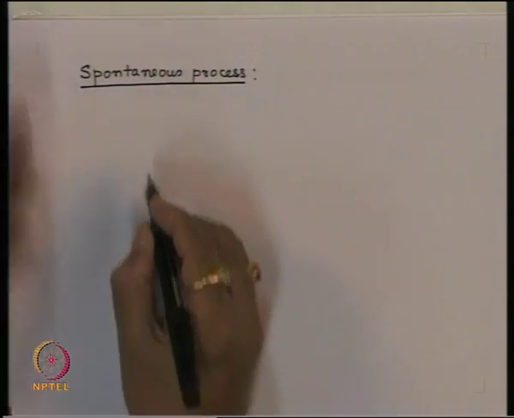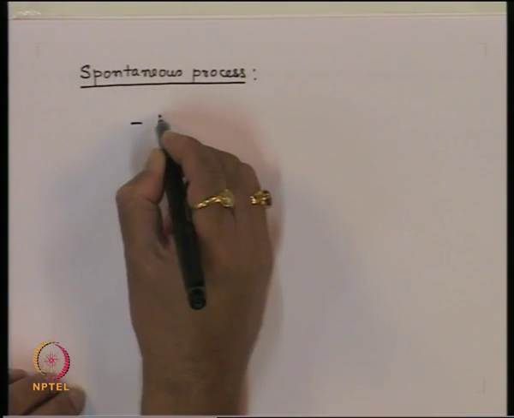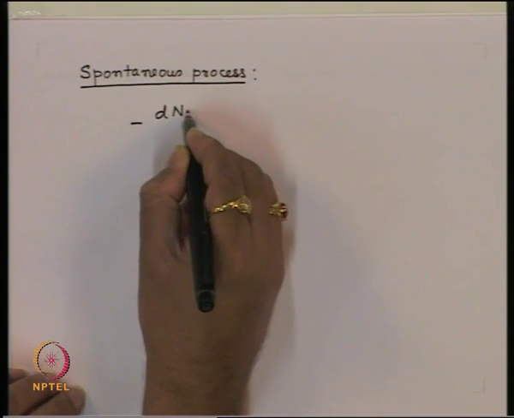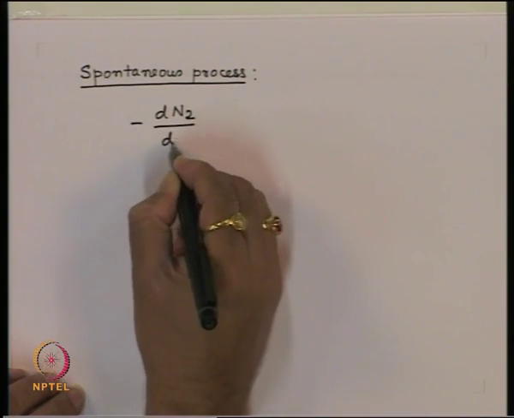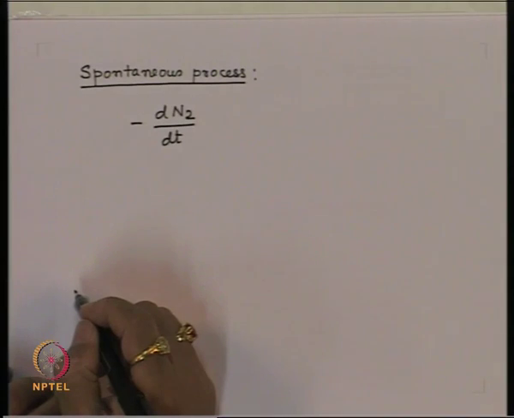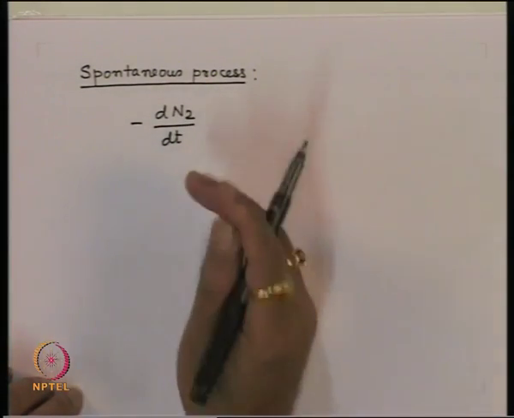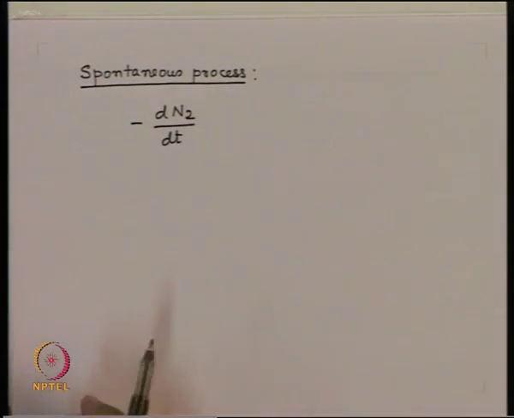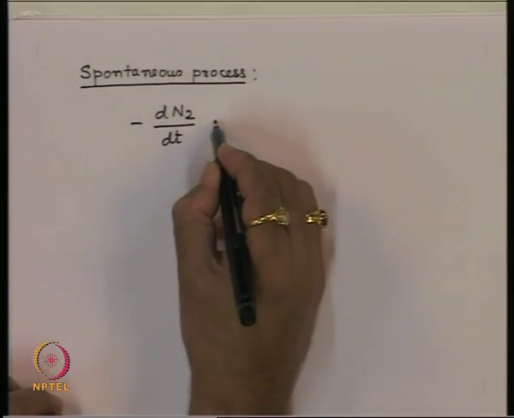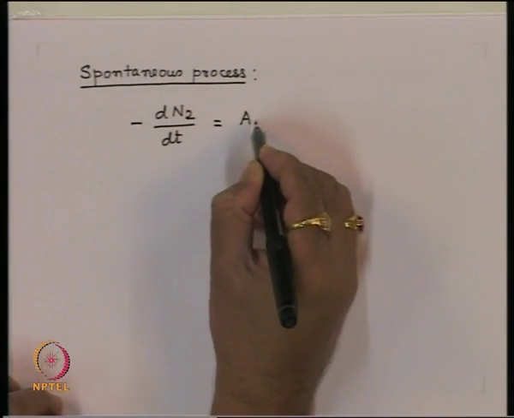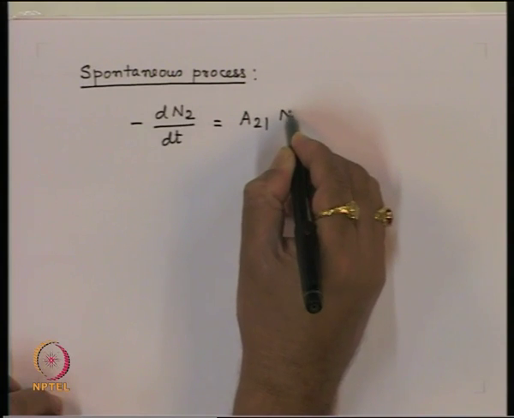So, we can write the equation: minus dN2 by dt, the rate of change of electrons in the upper level or decrease of electrons per unit time in the upper level, will be equal to A21 into N2.